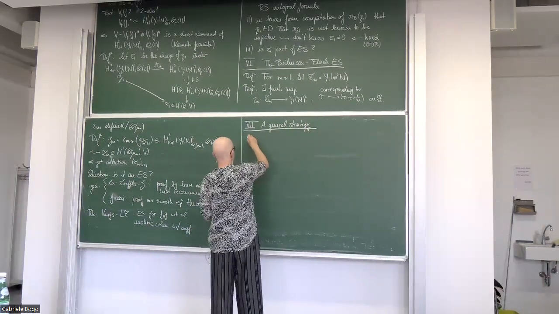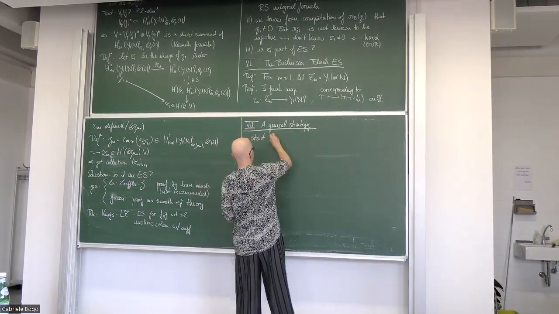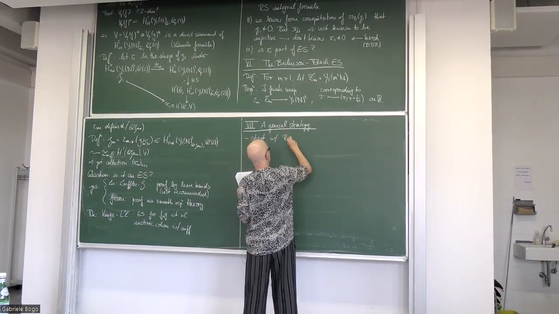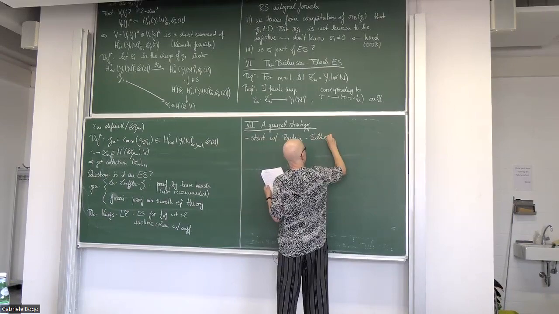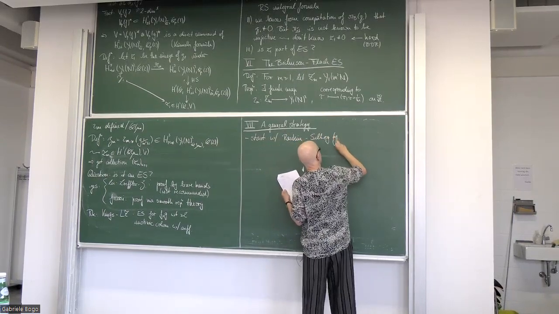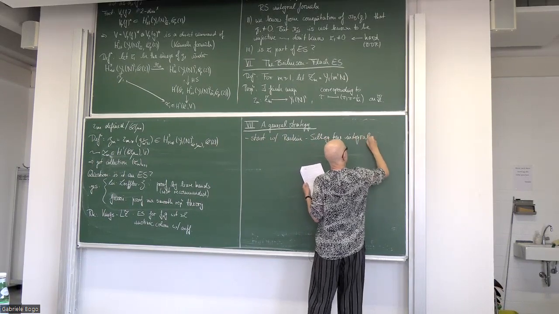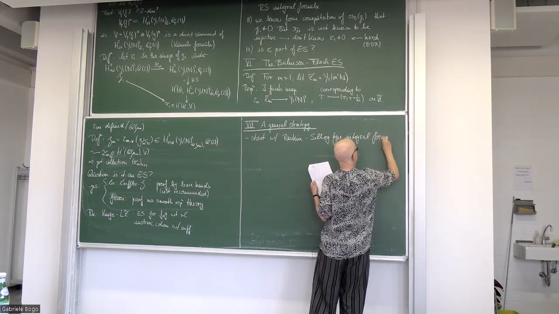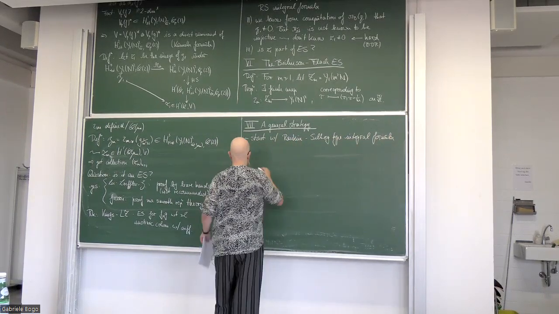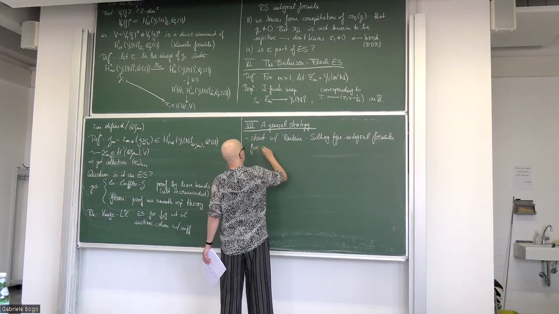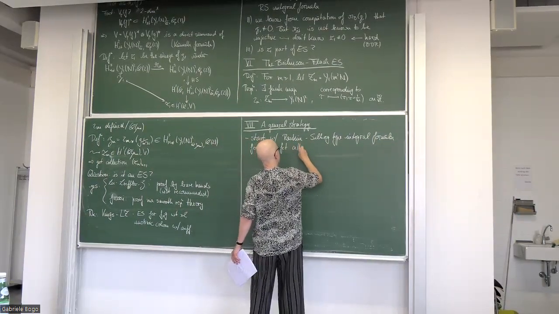So we start with a Rankin-Selberg type integral formula, for an L-function attached to an automorphic form.